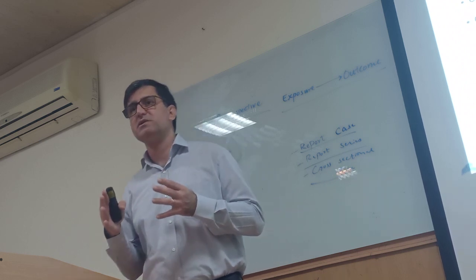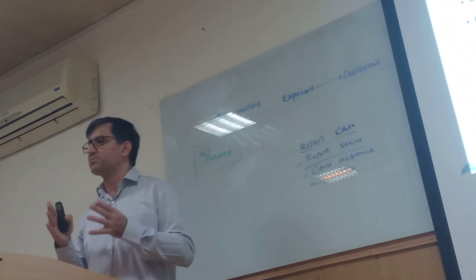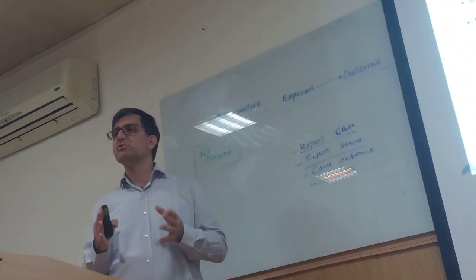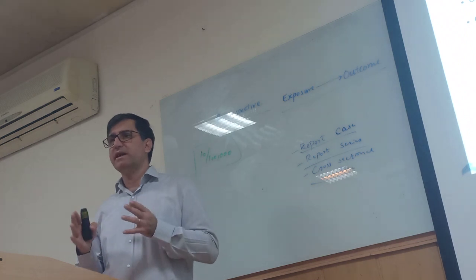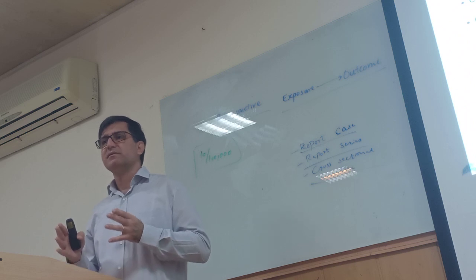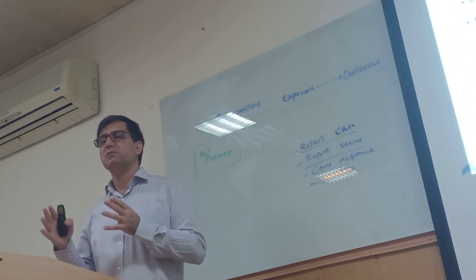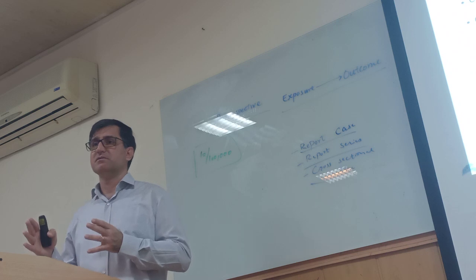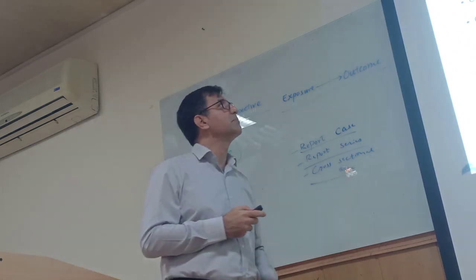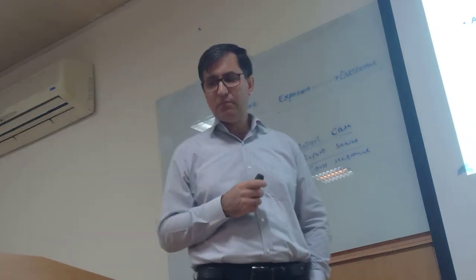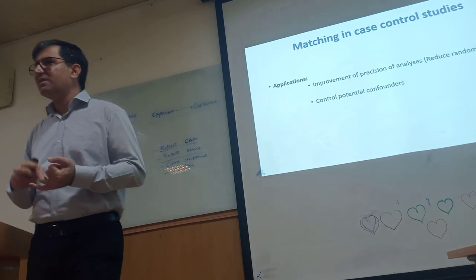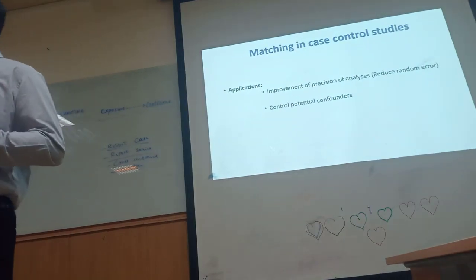The most important and the most serious problem that we have in case control study is the selection bias that is coming from the wrong method of selection of controls. So it is very important. So the first step was case selection. The second step was control selection.